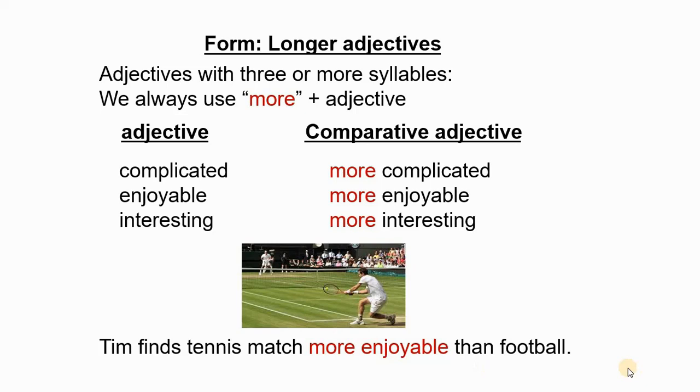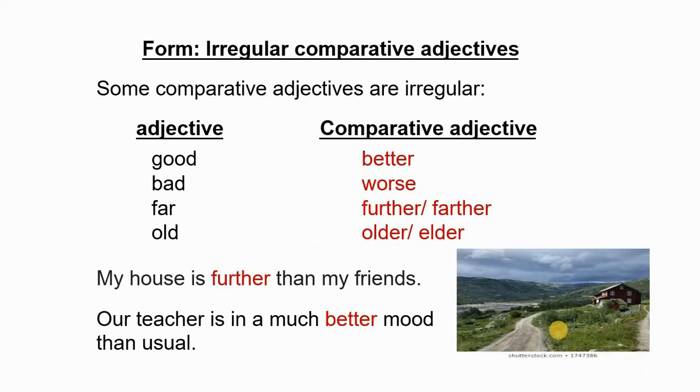And irregular comparative adjectives. There are some comparative adjectives that are irregular. They do not follow any rules at all. For example, good becomes better.